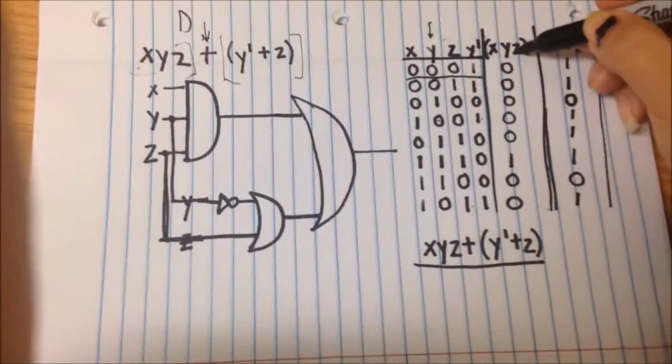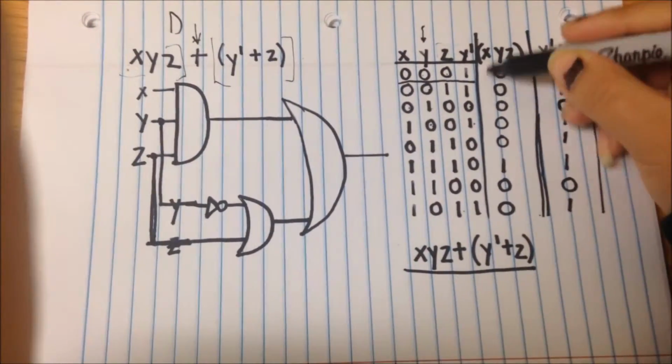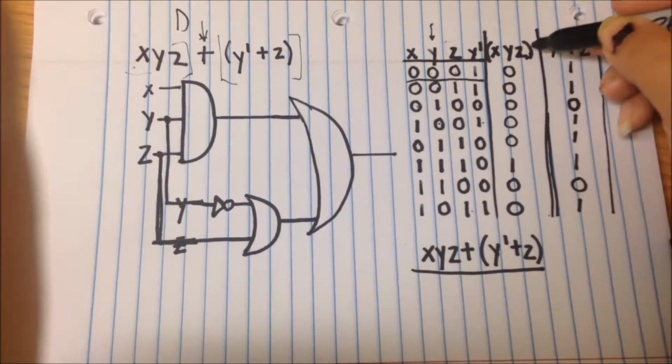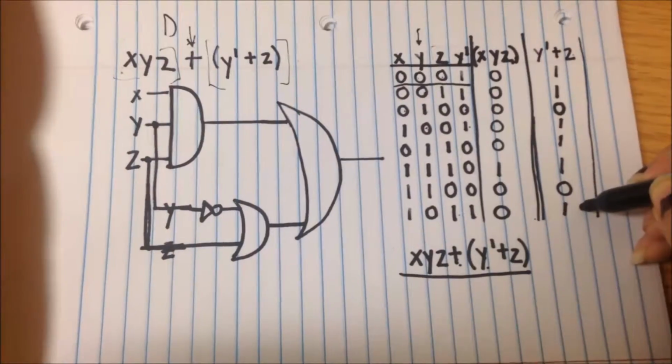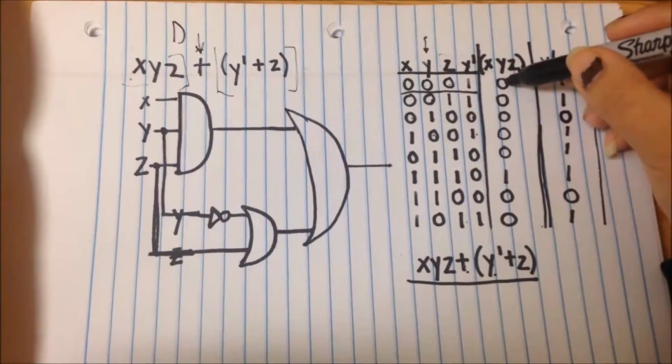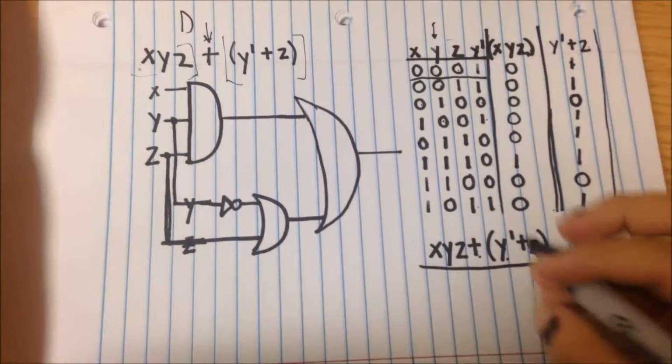So look at this one. Look at these values. This corresponds to this, and we're adding it plus these other values. So do like we did before, add them together. Add these two columns together.